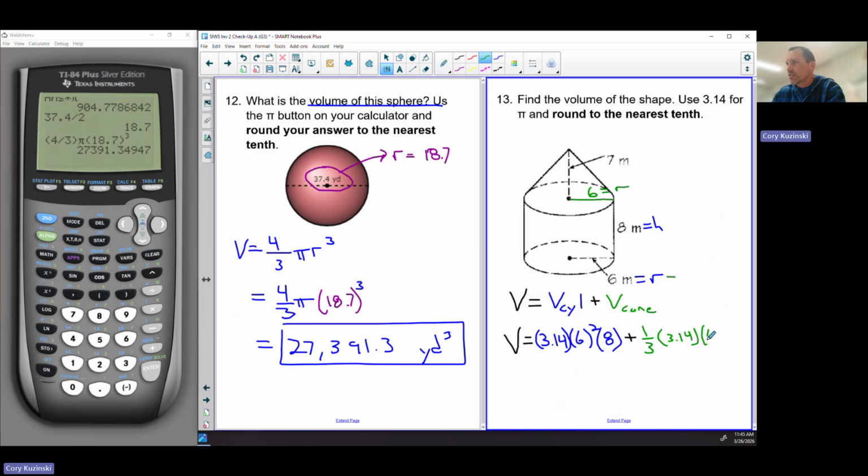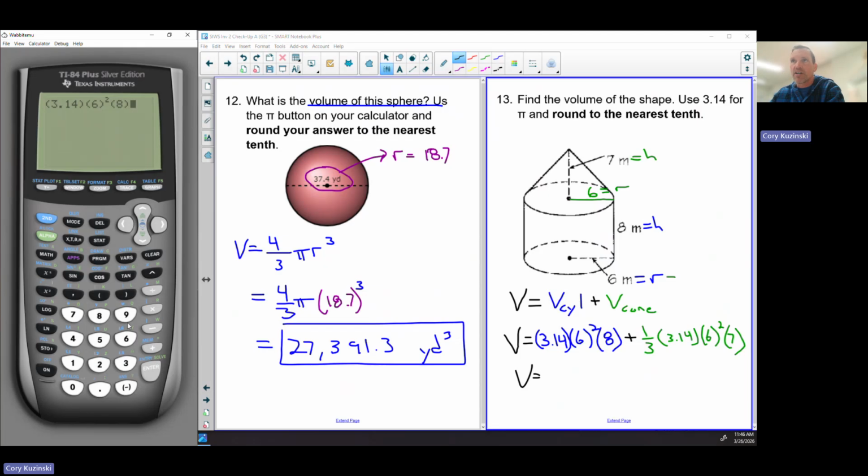Again, so we're going to put 6 squared there. And then our height of our cone is 7. So there we go. I'm just going to punch that entire thing into the calculator at once and round it at the end.